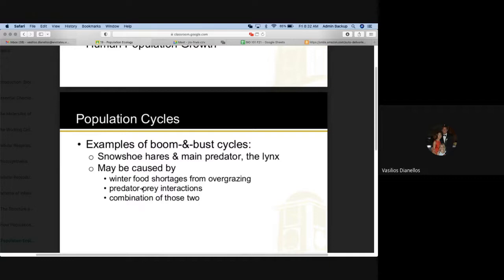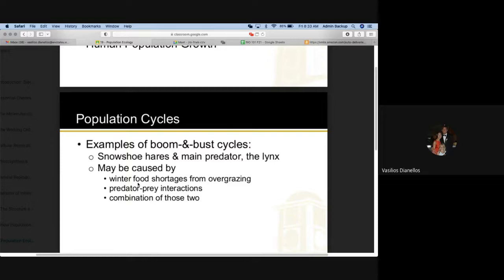You might have exponential growth at first, but then you'll balance out and you'll have logistic growth. But then we have something called boom and bust cycles, which are what they sound like. The population booms, like it goes up really quick, and then it busts, meaning it drops really quick. Your book has a very specific example of the snowshoe hare and its main predator, the lynx, which is a type of predatory cat. I'm going to show you some graphs a little bit later. But keep in mind, this is just an example.